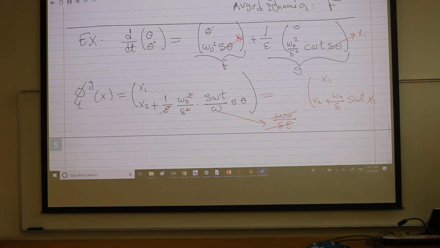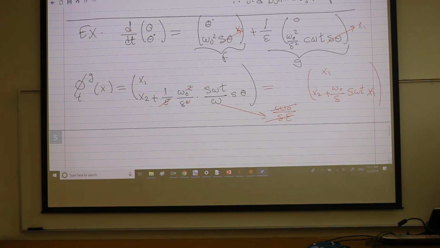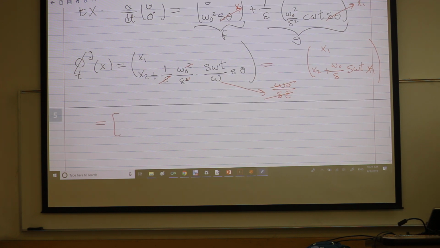So this is x1, okay? So I got the flow, this is the flow of G, and if you like, you can write it linearly because I linearized. So this is like 1, 0, and omega naught over delta sine omega t and 1, times x1, x2, okay. This is fine.